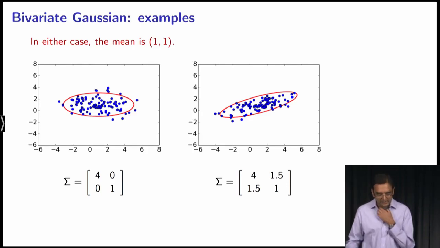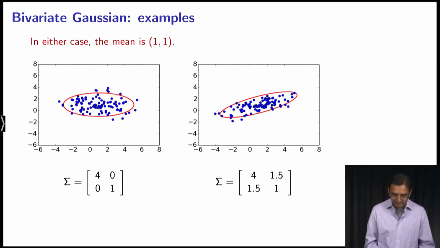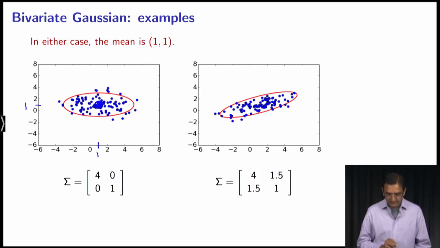So let's look at the one on the left for starters. The mean is 1, 1, and that is, of course, the point right in the middle over there, the center of the distribution. That's the mean. So that all makes sense. Now let's look at the numbers in the covariance matrix. The number at the upper left is the variance of x1, which is 4.